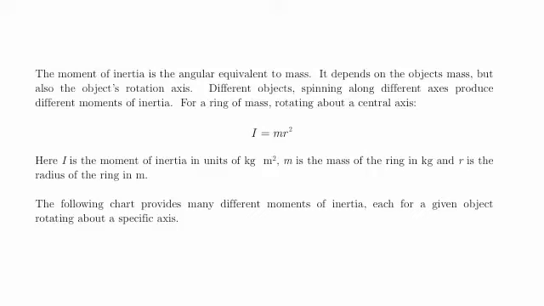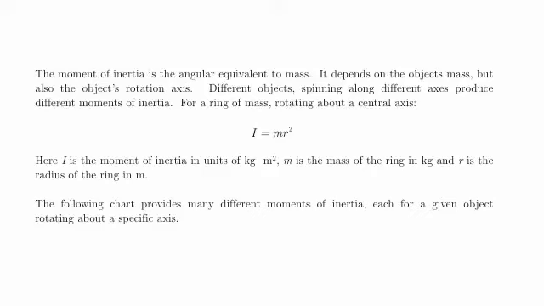For a ring of mass, or a hoop, rotating about its central axis, the moment of inertia I is equal to mr squared. The moment of inertia is measured in kilogram meters squared. M is the mass of the ring in kilograms, and r is the radius of the ring in meters.